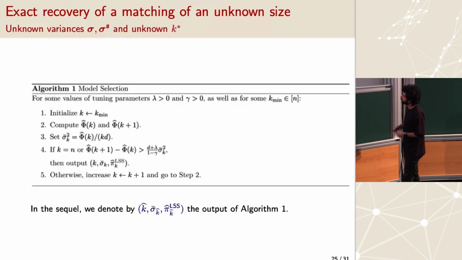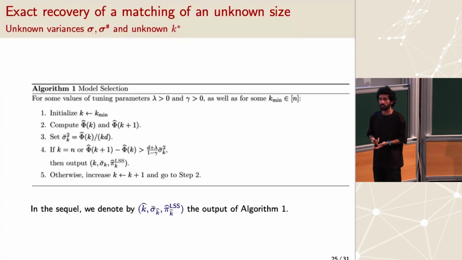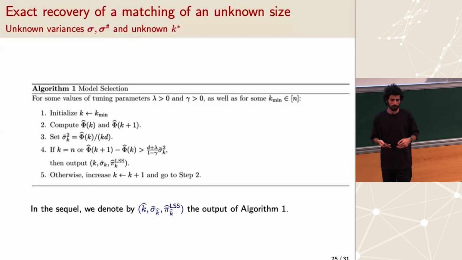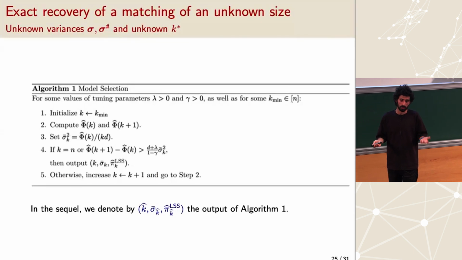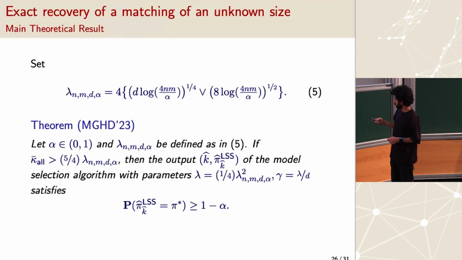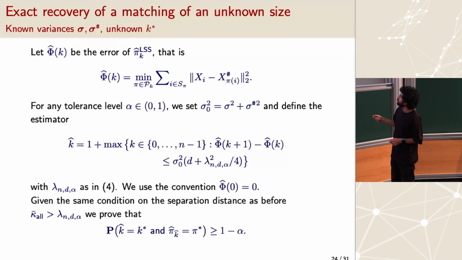In general, when the variances are unknown and also k is unknown, we have two sets of parameters that are unknown and kind of depend on each other. No, they actually don't depend that much. But here we can refine this estimator using the estimator for sigma 0 square instead of its true value.